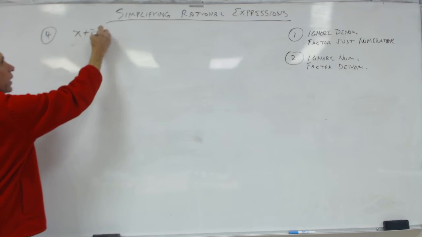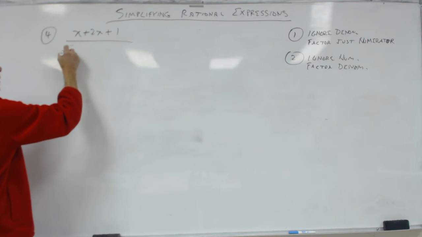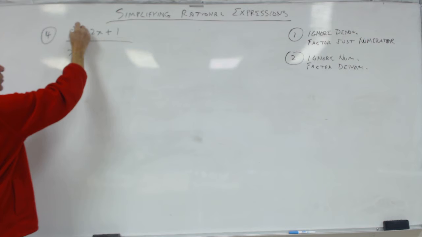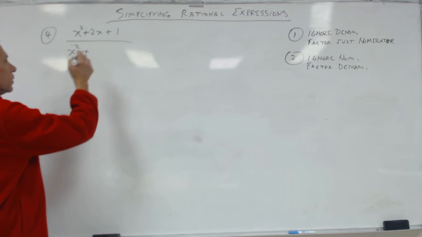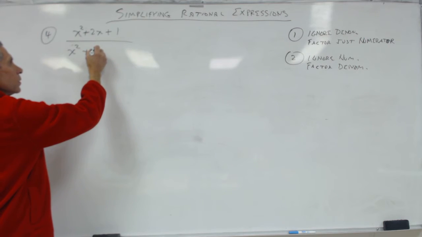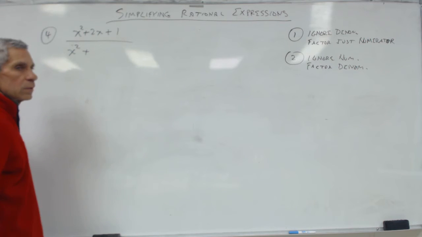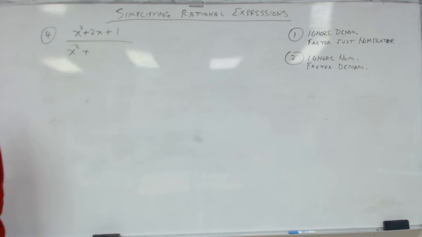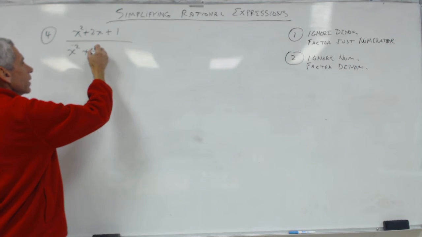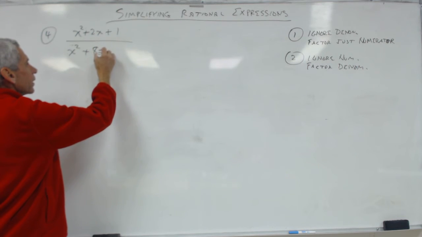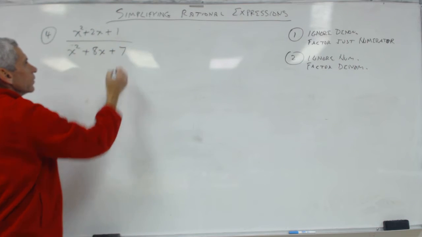X squared plus 2x plus 1 over x squared, let's see. What did I just say? Okay, just do the exact same thing on the bottom. How about 8x plus 7?